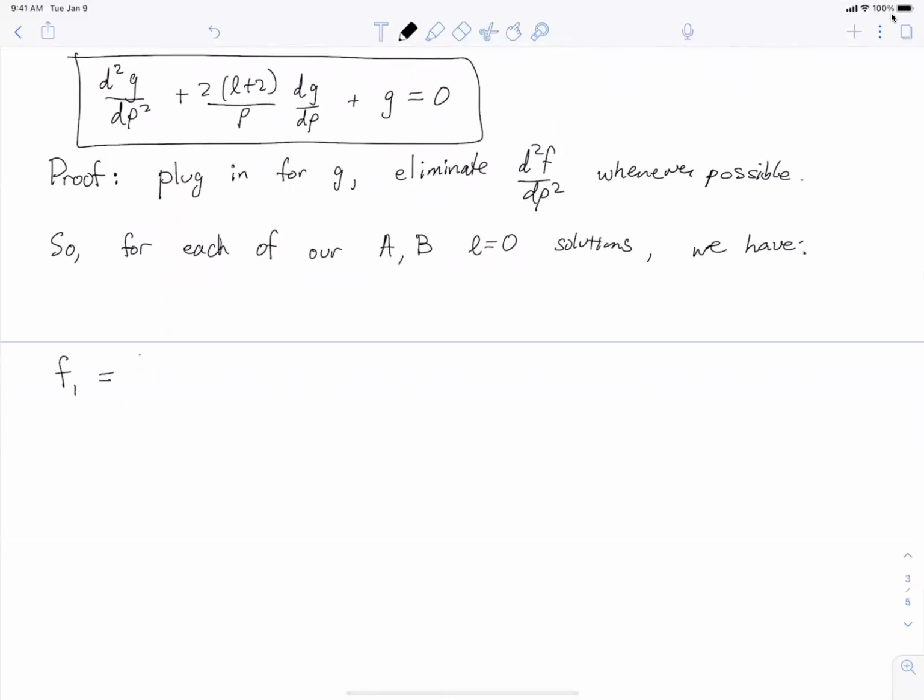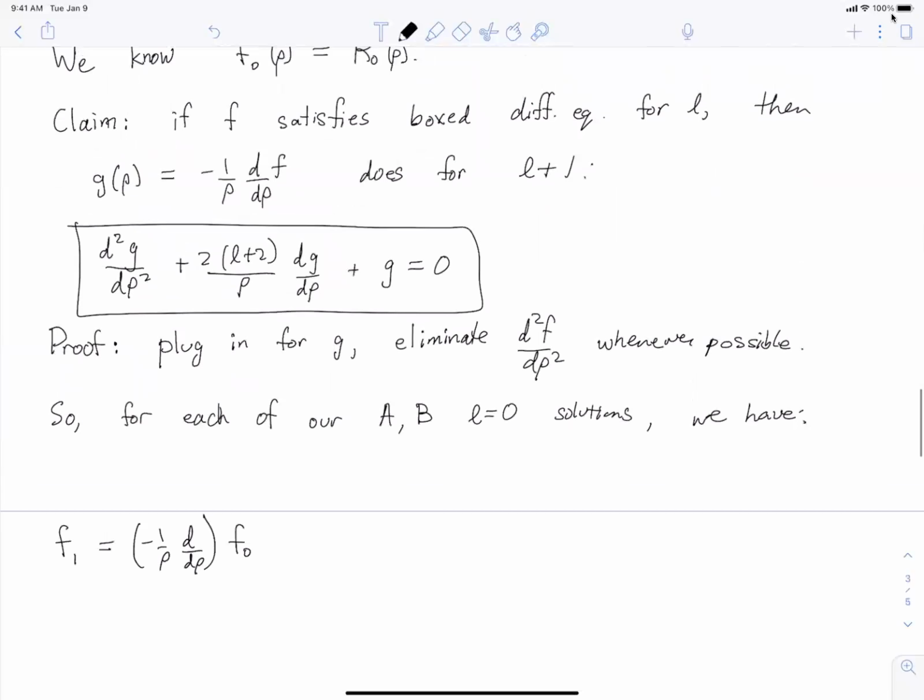F1 is minus 1 over rho derivative with respect to rho acting on F0. So I could put a superscript A or B on this, because it works for both of them. And now I just keep doing this, and every time I act again with this factor here of minus 1 over rho d by d rho, oops.